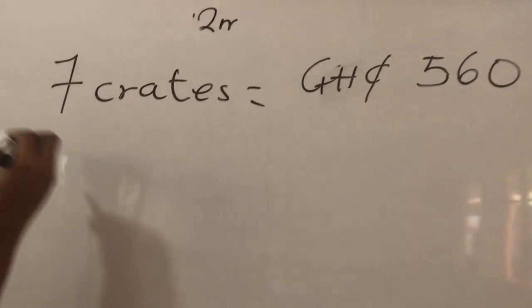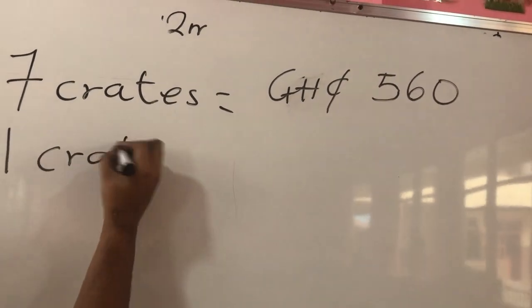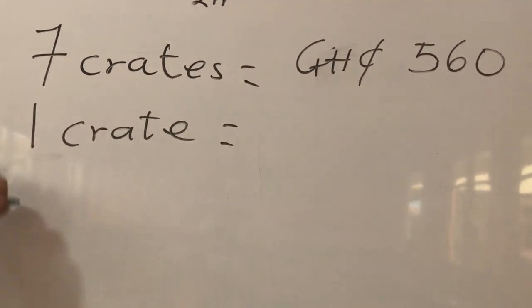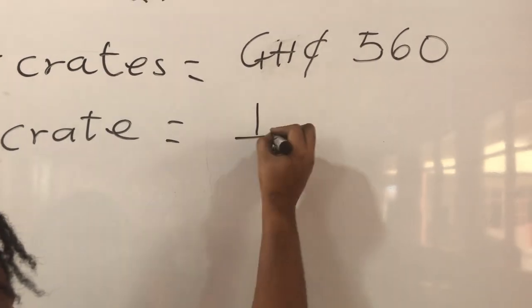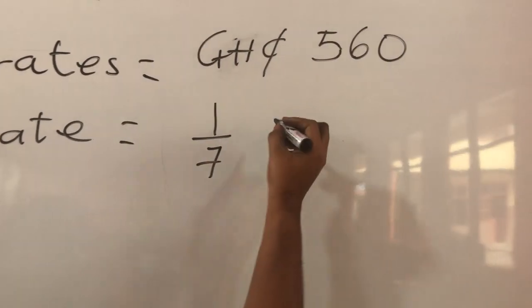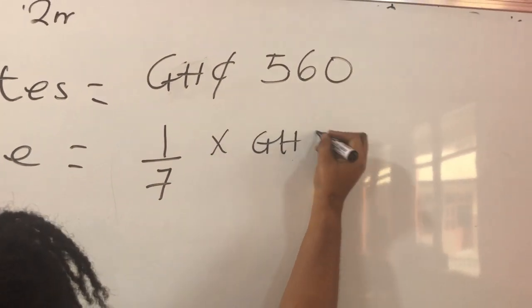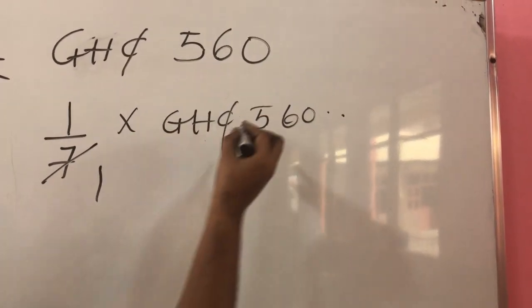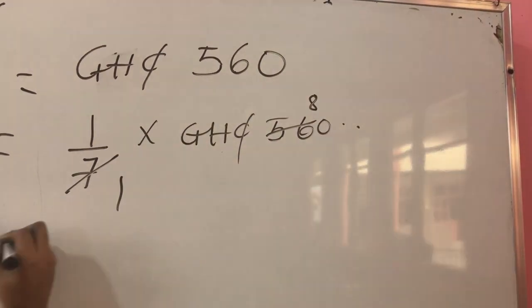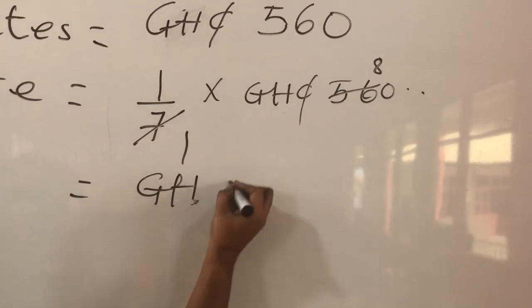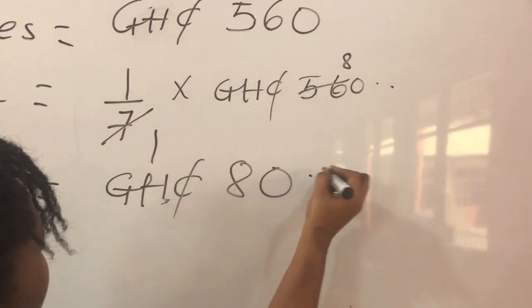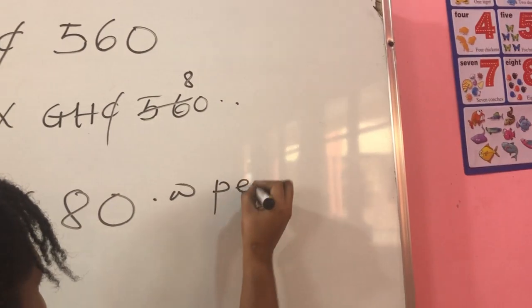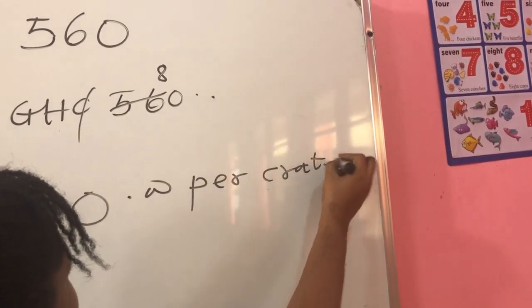So you are finding what? 1 crate. You are finding less, more will divide. So we have 1 over 7 times your GHC 560. 7 into 56 is 8. Your 0 comes, so you have what? 80 Ghana cedis per crate.